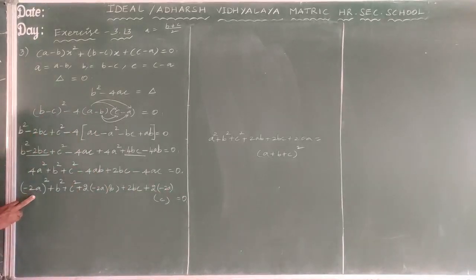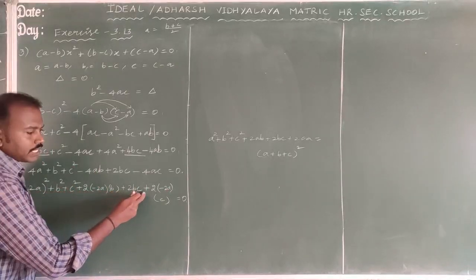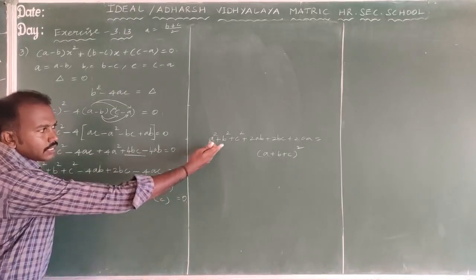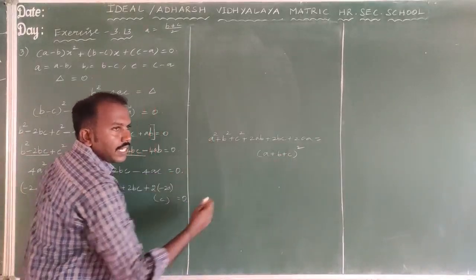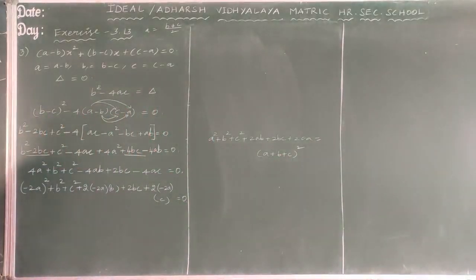So a square plus b square plus c square plus 2ab plus 2bc plus 2ca, that is the left hand side. The right hand side is a plus b plus c the whole square. Here a is equal to minus 2a, b is b and c is c.